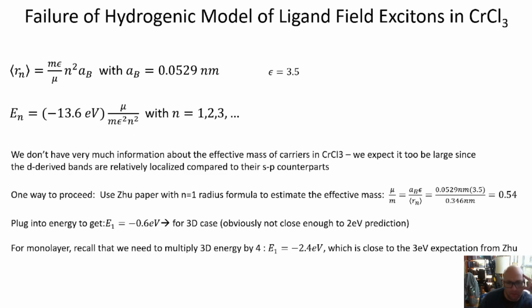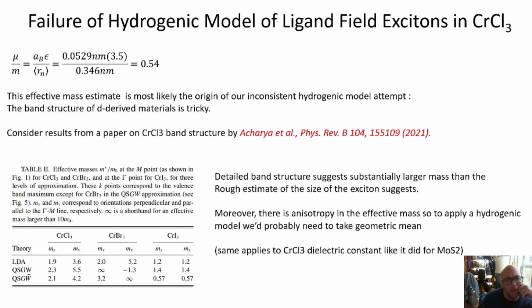But there's even another suspicious point, and that is estimating the effective mass using the radius is a bit suspicious. And even if we go to the Zhu paper, or sorry, not the Zhu paper, this is a new theory paper by Acharya that talks about effective masses in the chromium trihalide materials.